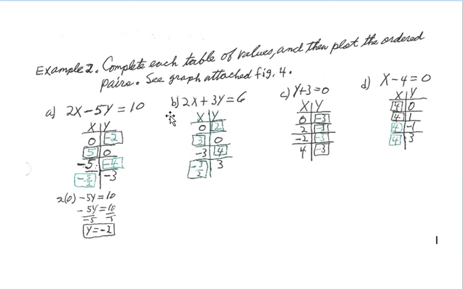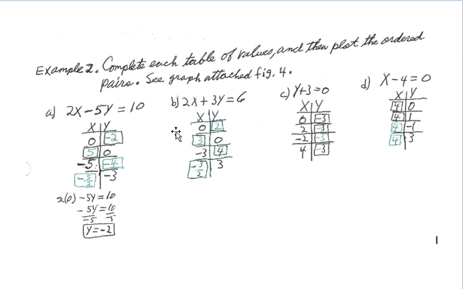Next we'll go to part B, where we have the equation 2x plus 3y equals 6. Once again we will select 4 points, but again we have to assign a value to one of the variables and then calculate the second value. So if we let x equal 0, then we'll find that y is equal to 2.